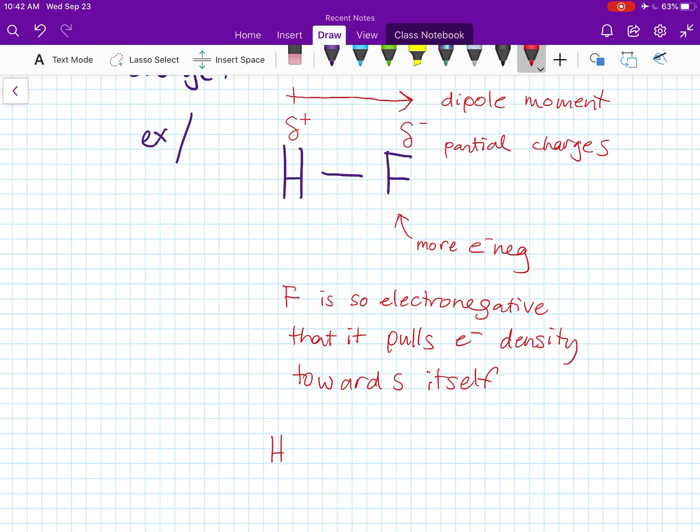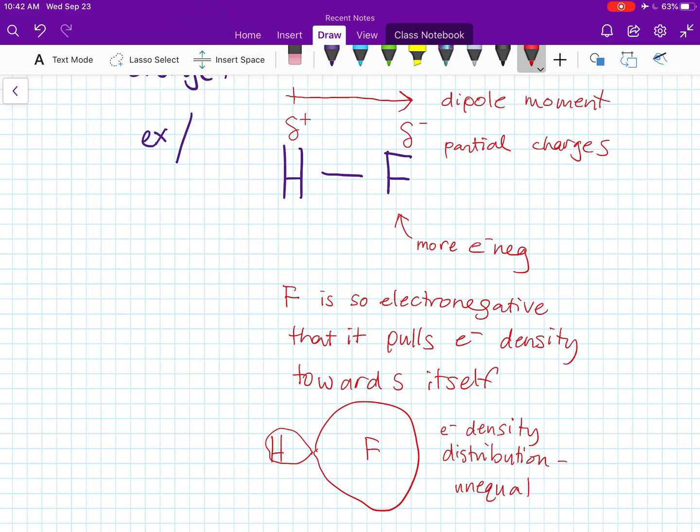Here's H and here's F. My electron density is going to be huge around F, but relatively minuscule around H. So this is an electron density distribution cartoon. It's very unequal because fluorine is busy pulling all of the electron density towards itself. It's very greedy for electron density.